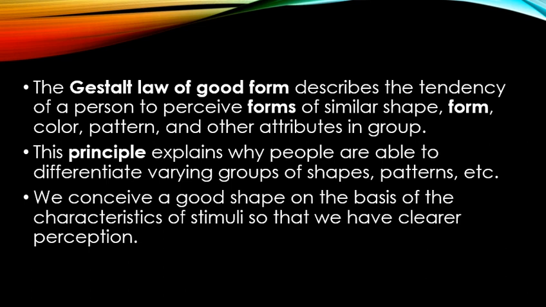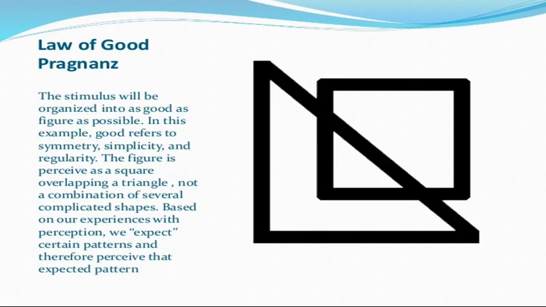The law of good form is also known as the law of good pragnanz. According to this law, the stimulus will be organized into as good a figure as possible. In this example, good refers to symmetry, simplicity, and regularity. The figure is perceived as a square overlapping a triangle, not a combination of several complicated shapes.